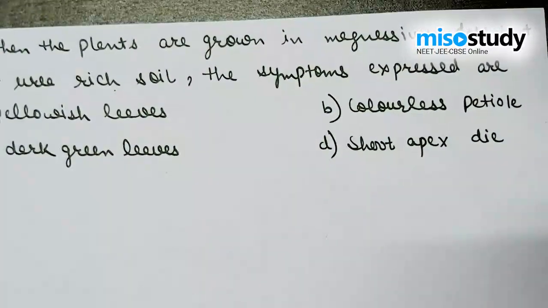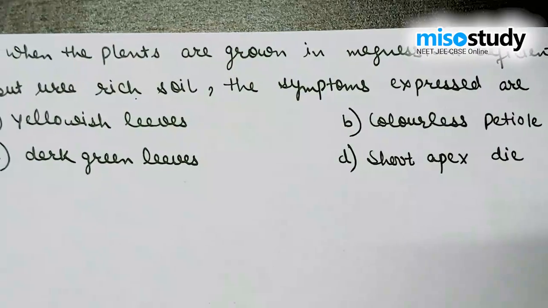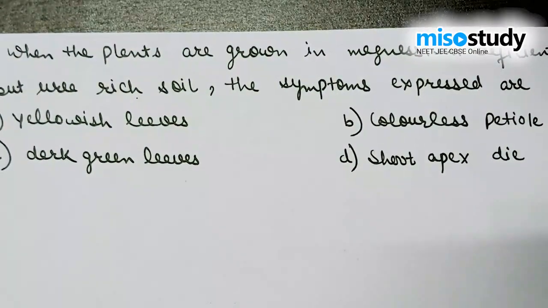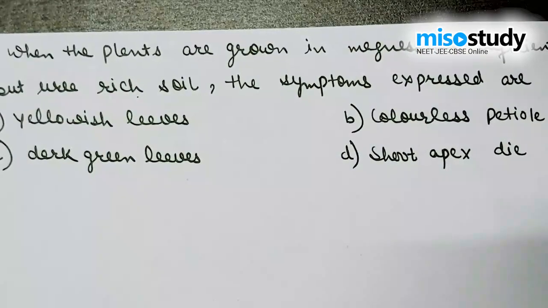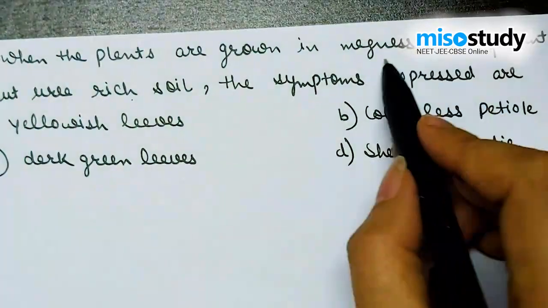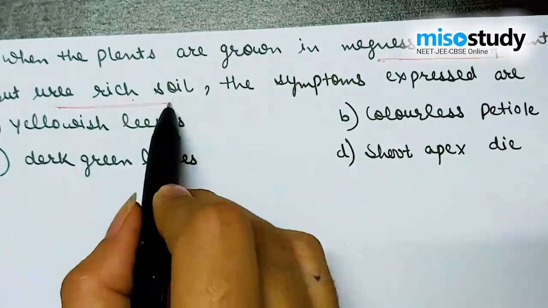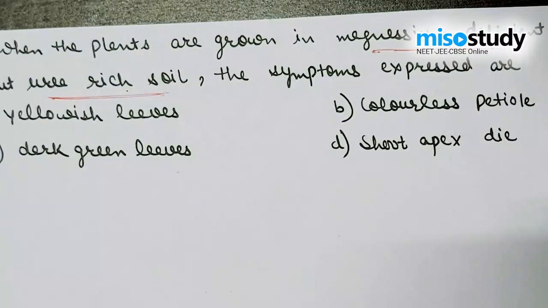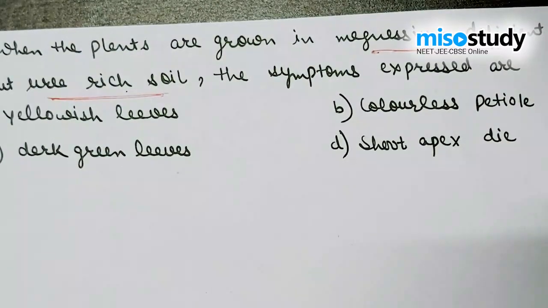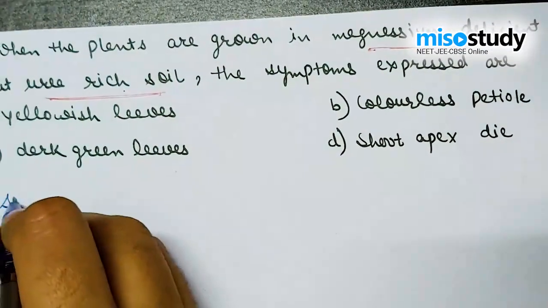When the plants are grown in magnesium deficient but urea rich soil, the symptoms expressed are: here the plants are grown in a condition where the soil is magnesium deficient and also urea rich. The symptoms are expressed as yellowish leaves, colorless petiole, dark green leaves, and option D, the shoot apex will die.